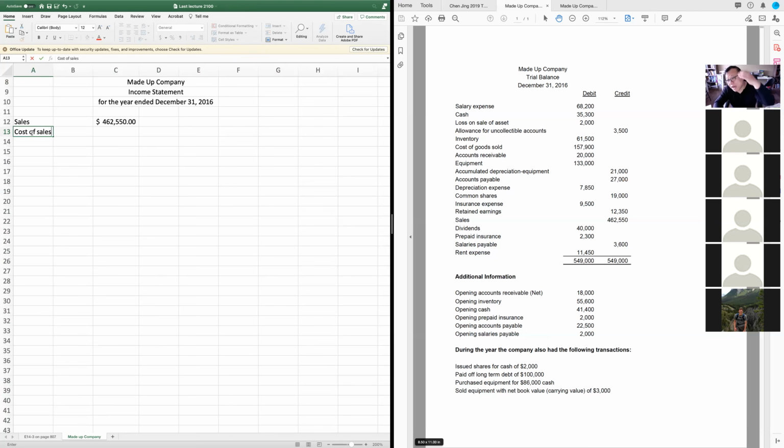So you have to first calculate the gross profit. This company has a cost of goods sold, so you have to calculate the cost of goods sold. And this one is how much? That would be 179. So now my gross profit will be the difference.